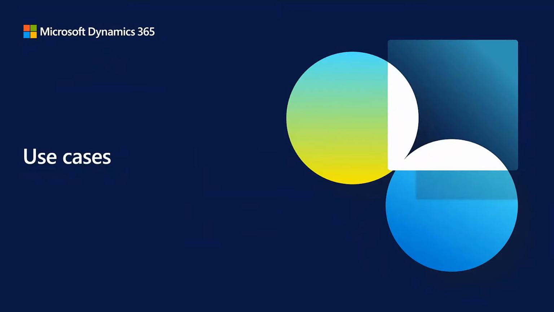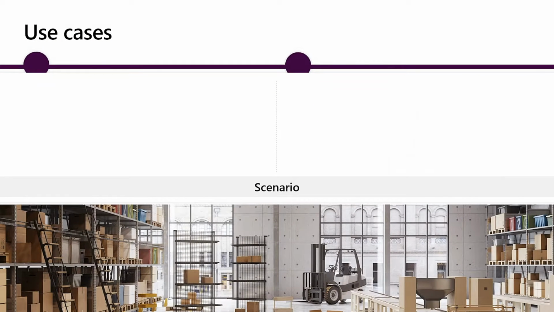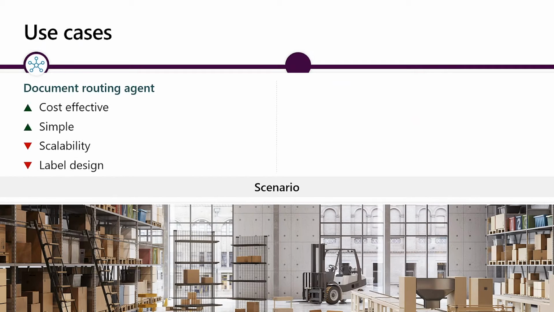Okay, so let's dive into some of the use cases. So when is it more appropriate to configure cloud label printing through an external service or use the DRA? So this is not one size fits all, but for many organizations, they can benefit from using the DRA. It's a cost-effective option with a relatively simple infrastructure.